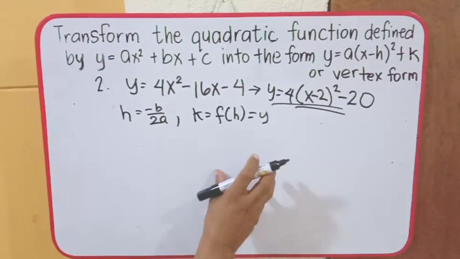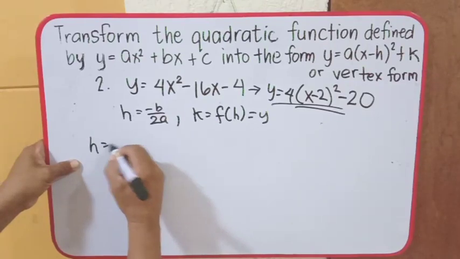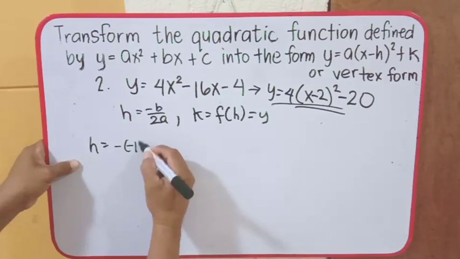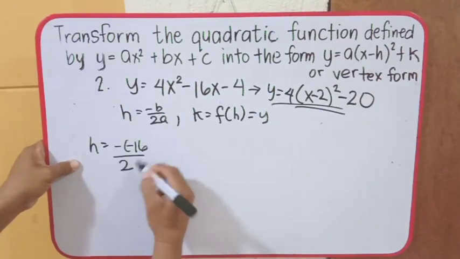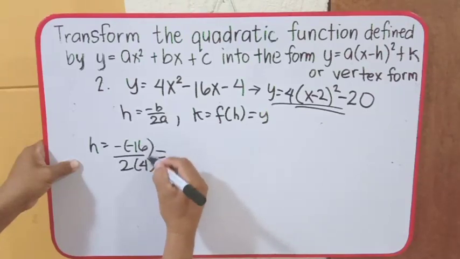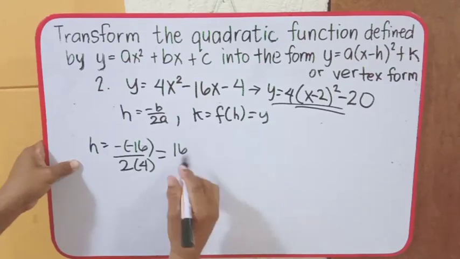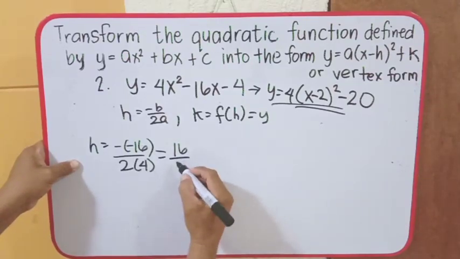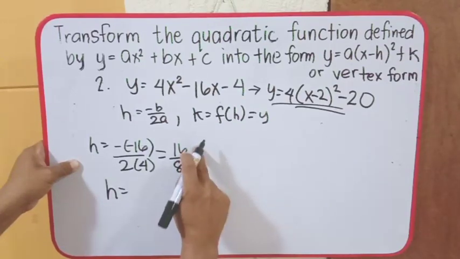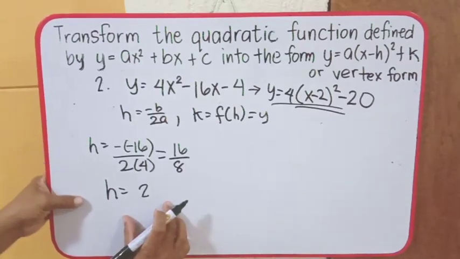So, substitute na po natin. h equals, b is negative 16, so minus negative 16 over 2, a is 4. By simplifying, negative negative becomes positive 16 over 2 times 4 equals 8. Then 16 divided by 8 equals 2. Ito yung value ng h natin.